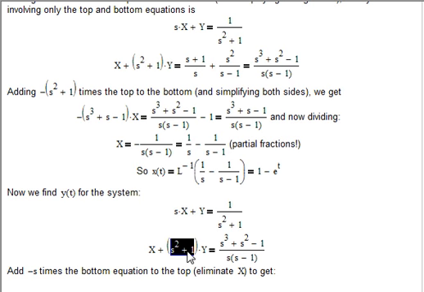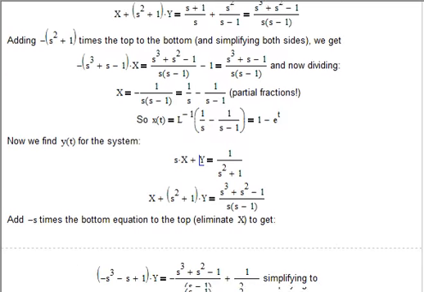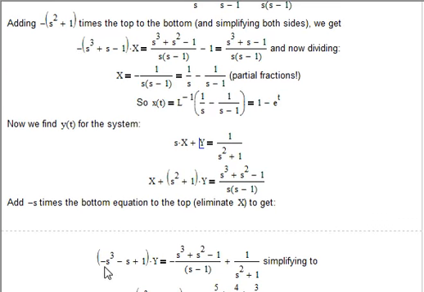Negative s times this added to this y would give us negative s cubed minus s plus 1 times that y equals this side with a negative in front of it. See that? Because it's negative s added to this. And then add to the side we had there in the first place.